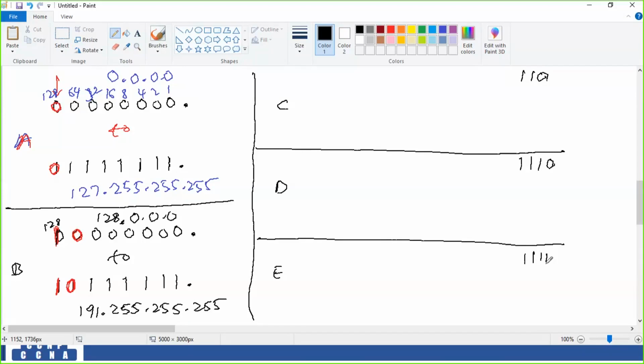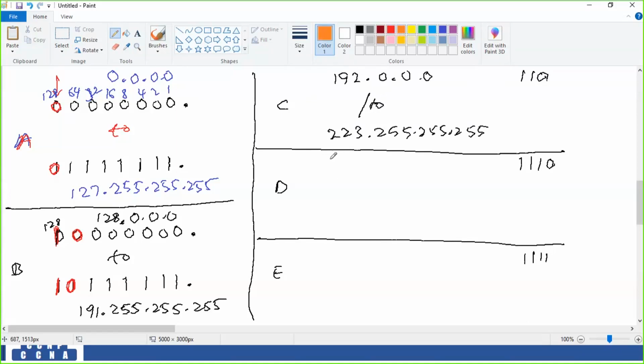So the Class C range is 192 to 223: 192.0.0.0 to 223.255.255.255. That's the Class C range.